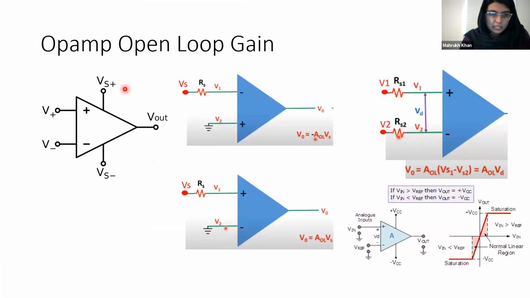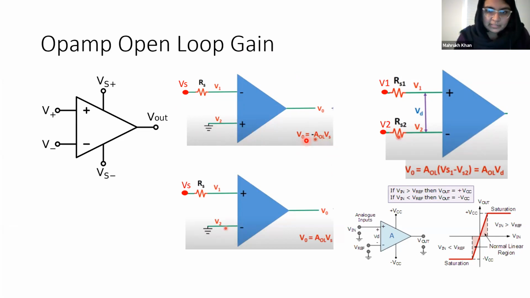So this is our open loop gain, right? Open loop gain means we do not have any feedback in the op-amp. In open loop circuits, if you give the op-amp a negative input, and the positive input is grounded, the output will be the open loop gain multiplied by the input. Normally op-amps have a very, very large open loop gain.